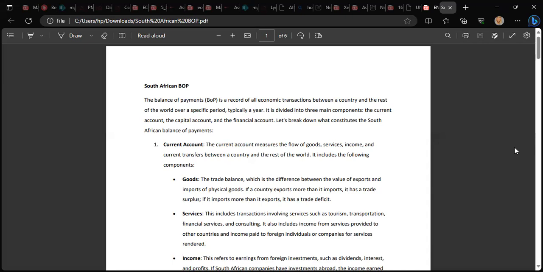So it basically gives you an overview of what we will be doing, as opposed to what we're doing today, which is just focused on the first topic, the South African balance of payments, right? If you have learning unit number 1, or your study guide, you should be able to see this.